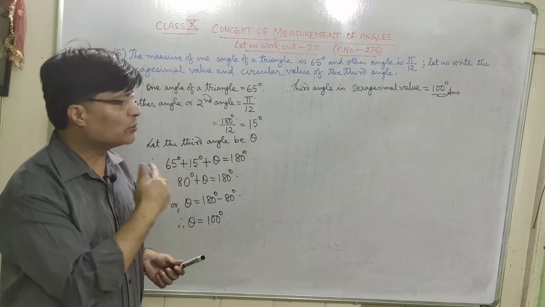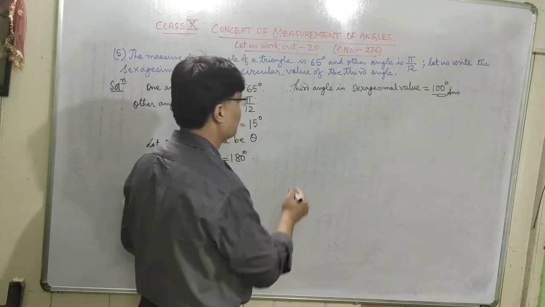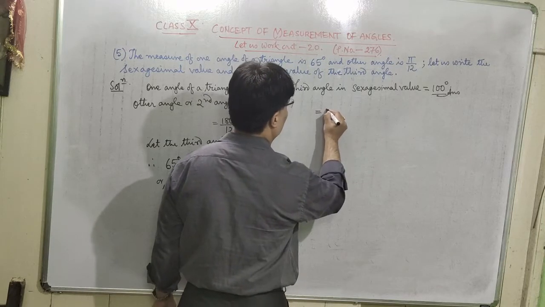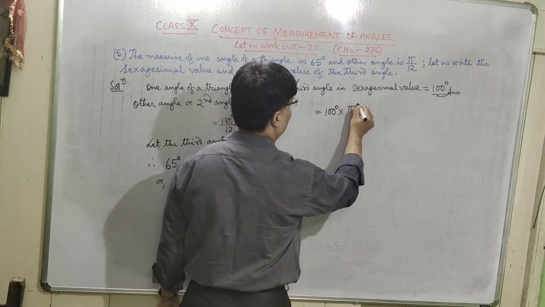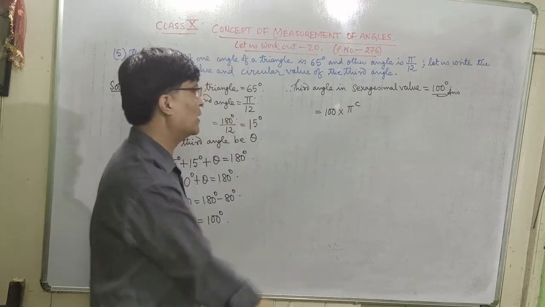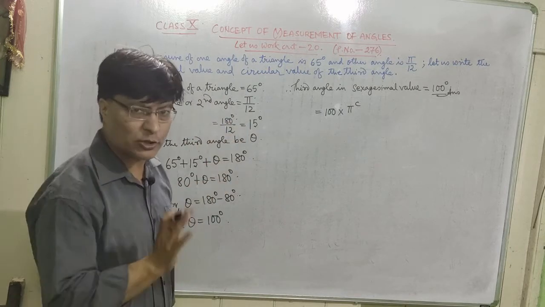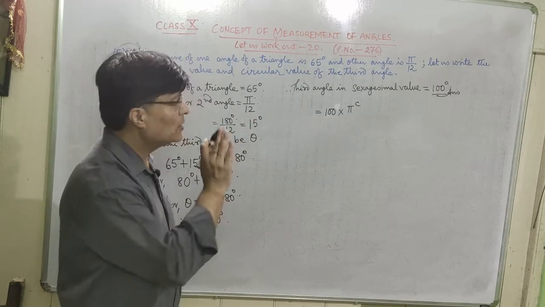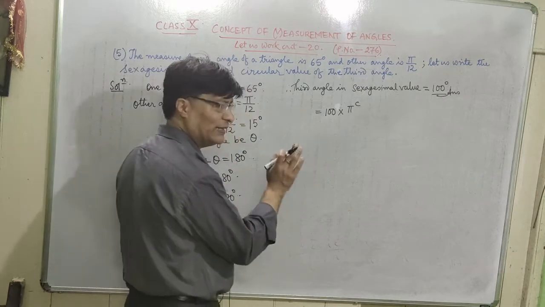Now you have to convert it into circular value or in terms of circular measure. So which is equal to 100 degree multiplied by pi radian. You don't have to write degree in this case. Since this degree is converted into radians, don't write degree.